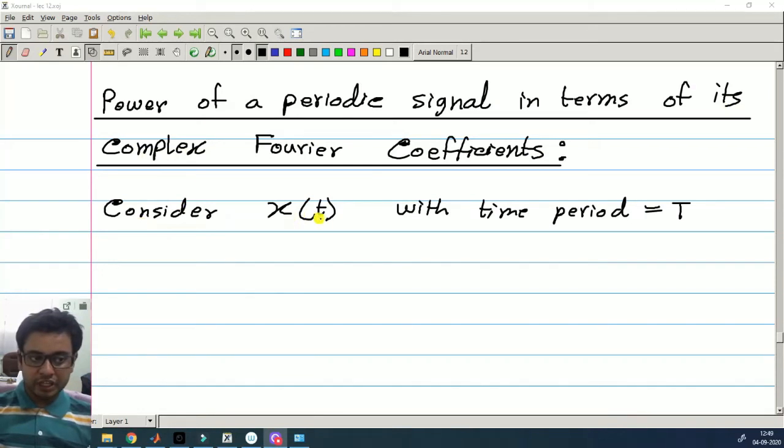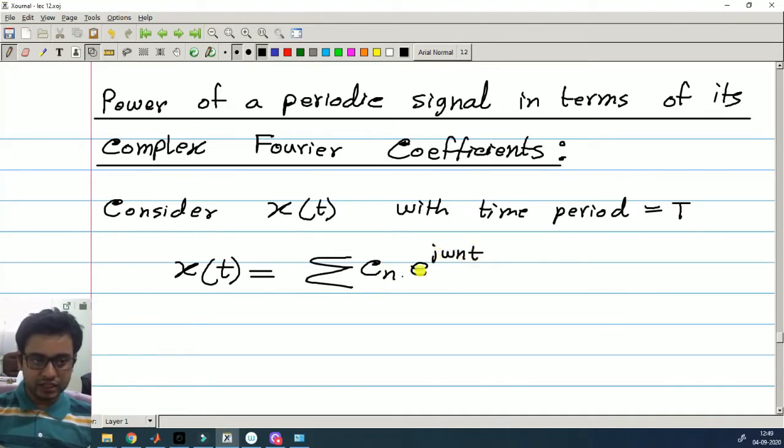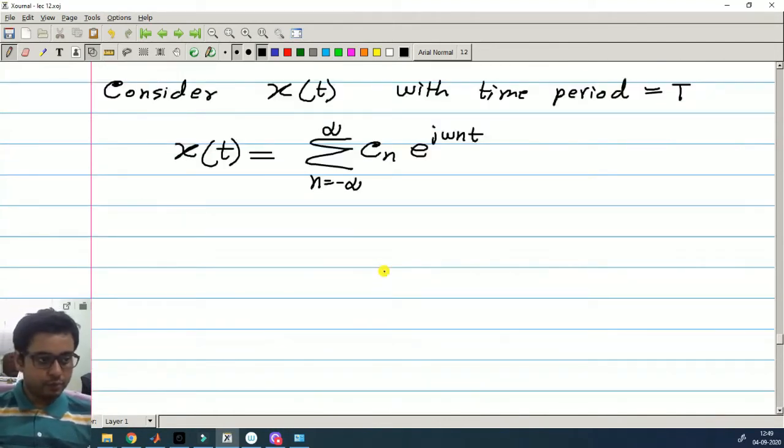Imagine a periodic signal x(t) with time period T, for which the complex Fourier series looks like this: Cn e to the power j omega n t summed over n equal to minus infinity to plus infinity, and these coefficients Cn are known to us.